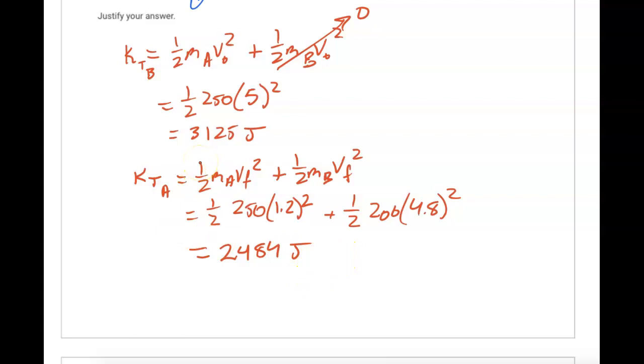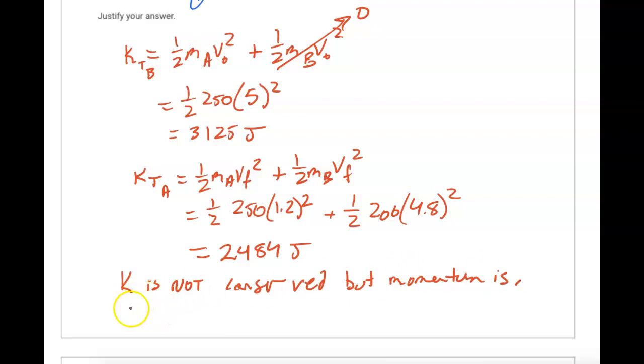So here it says justify your answer. We really need to write in here that kinetic energy is not conserved, but momentum is. To give our basic physics, so this is our answer.